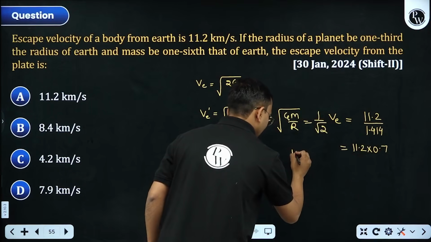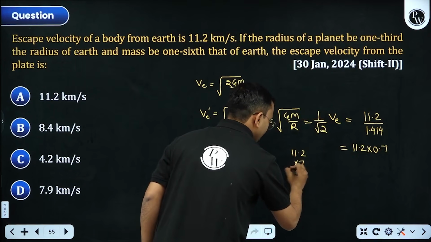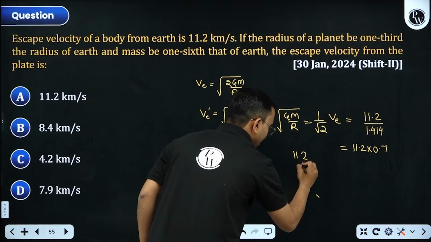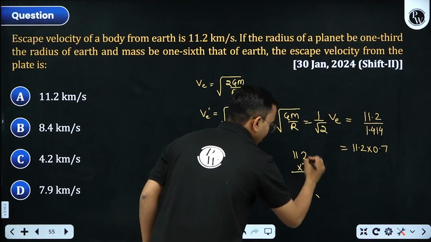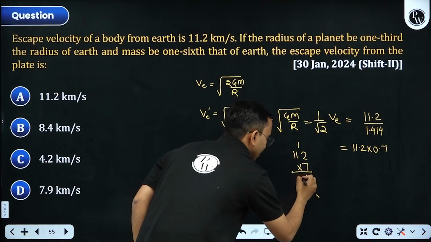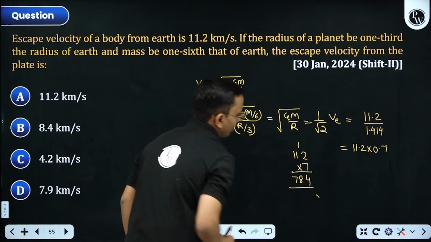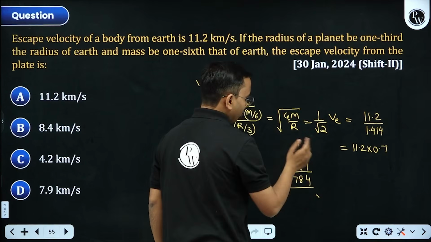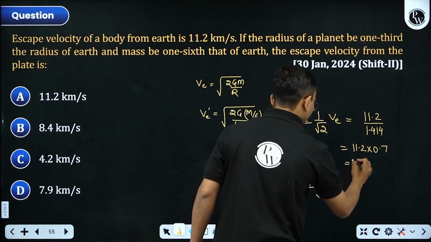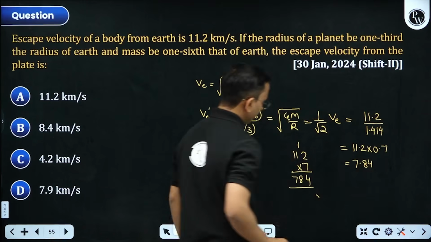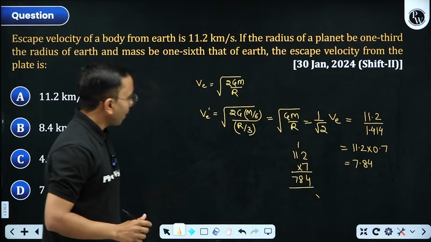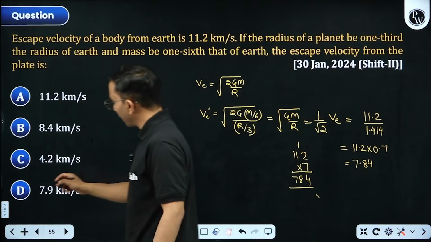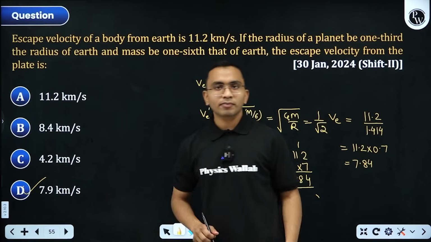Let me multiply this first: 112 and 7. 7 into 1 is 7, 7 into 2 is 14, so 784. 11.2 into 0.7 will become 7.84. Yeah, 7.84 means 7.9. D option. Getting it?